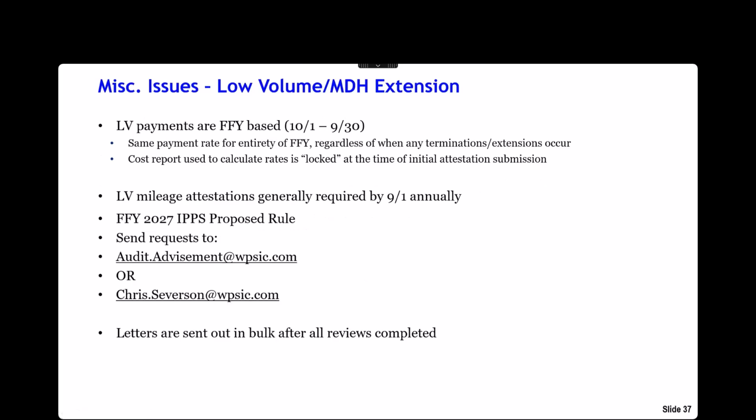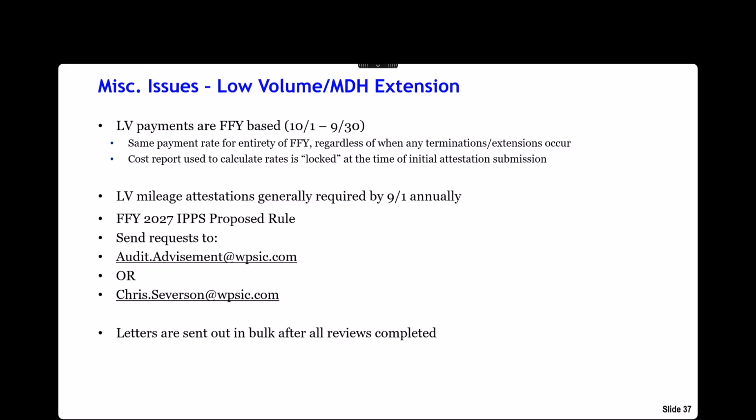Again, the low volume payments are fiscal year based, 10/1 through 9/30. And a couple important things to note about that: every year requires a new attestation. So that's another one of those frustrating things that we have to do every year, even though the mileage is what has to be attested to.